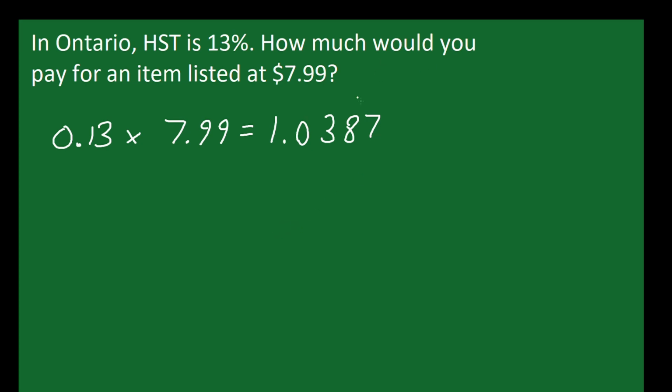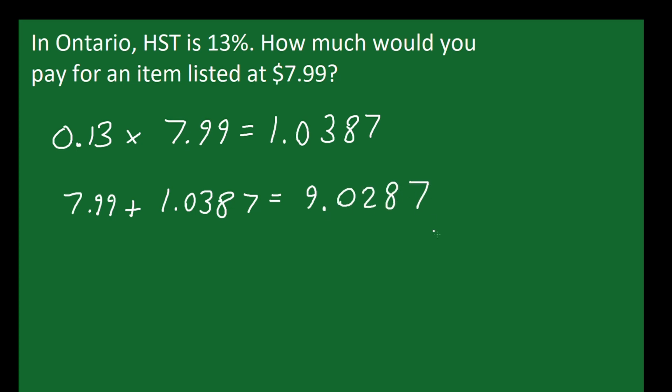We're being asked how much you're going to pay for the item. So $7.99 plus 1.0387 is equal to 9.0287. And of course, because it's a dollar question, we have to round this to 2 decimals.